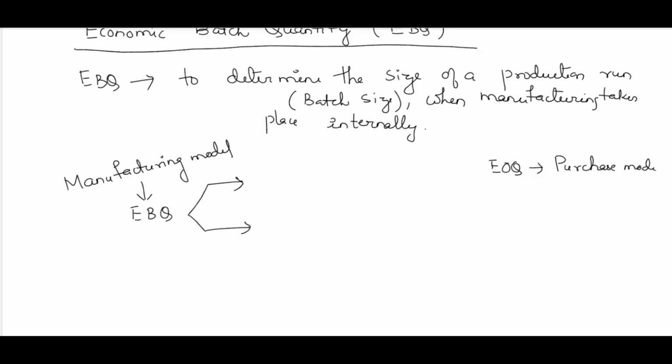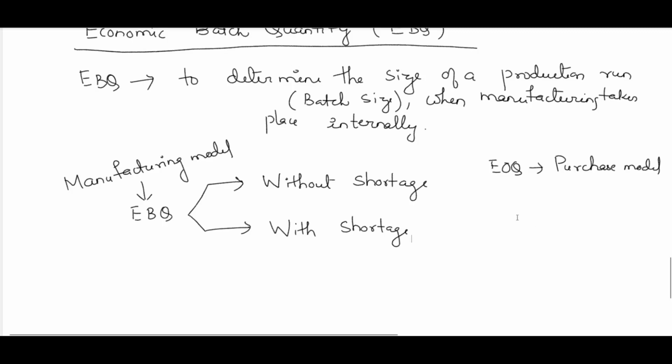Again, the manufacturing model has two categories: without shortage and with shortage.